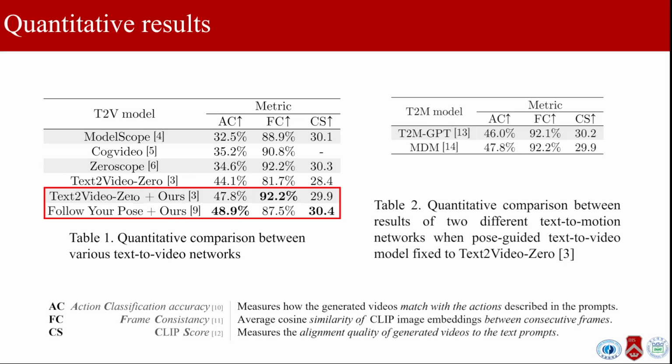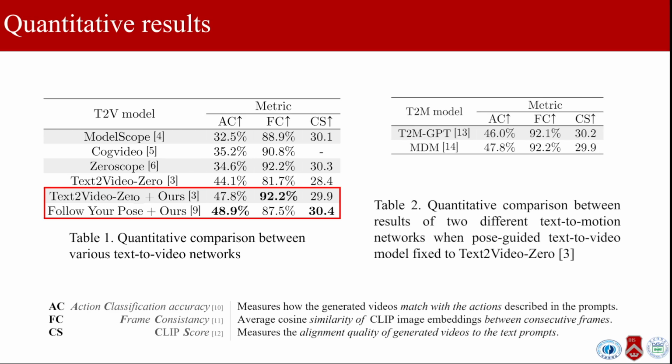This presents quantitative results when our method is applied to Text2Video-Zero and Follow Your Pose versus using other T2V methods. AC stands for Action Classification Accuracy, which is a measure of how well the generated video matches the action specified in the prompt. FC stands for frame consistency, meaning the average cosine similarity between consecutive frames.